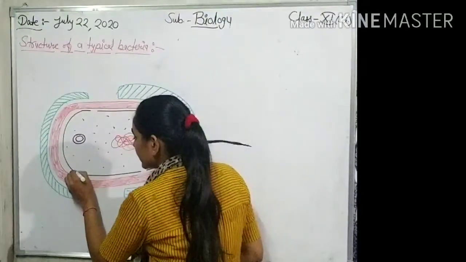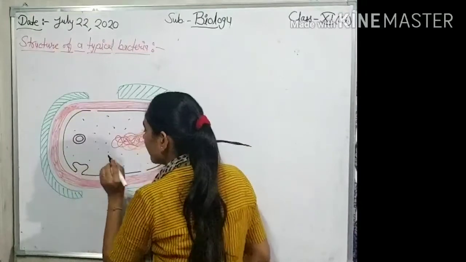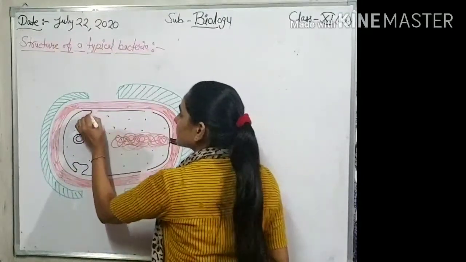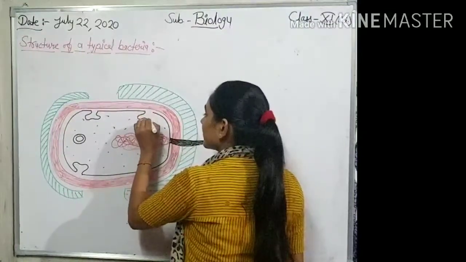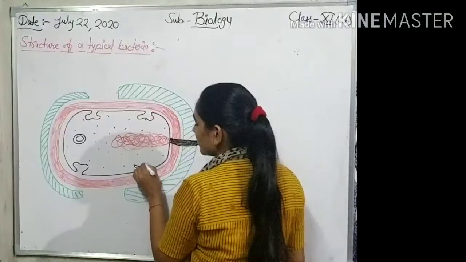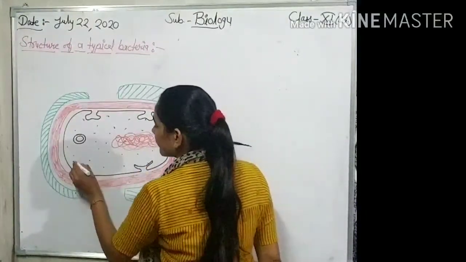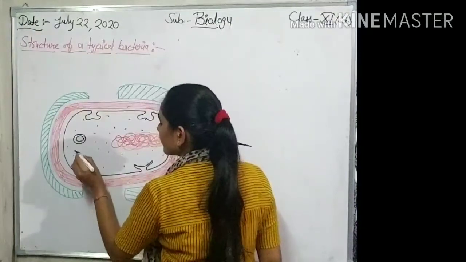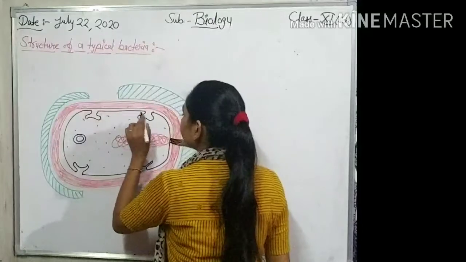The plasma membrane enfolds inside and forms a complex structure, which is known as mesosome.